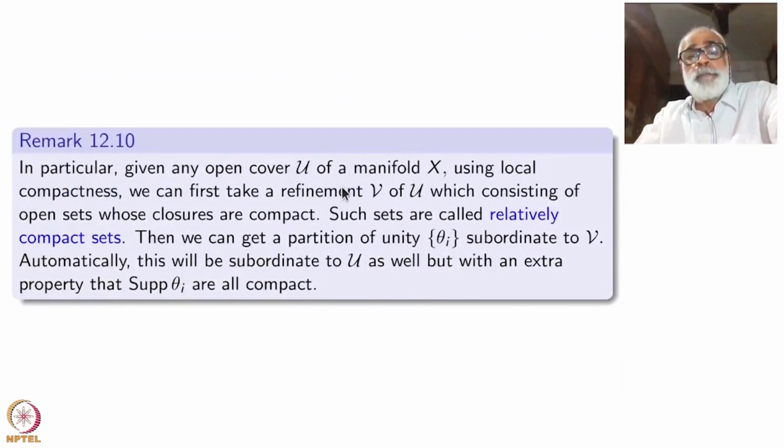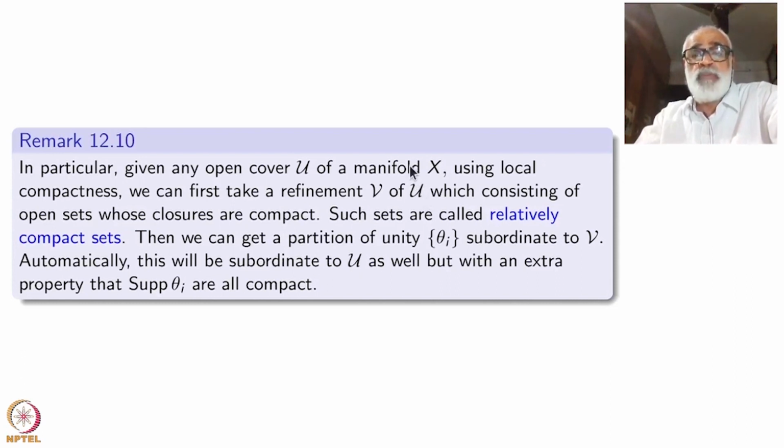In particular, given any open cover U of a manifold X, using local compactness, we can first take a refinement V of U. See, I am now talking about this paracompactness. When you have paracompactness, you have partition of unity also.